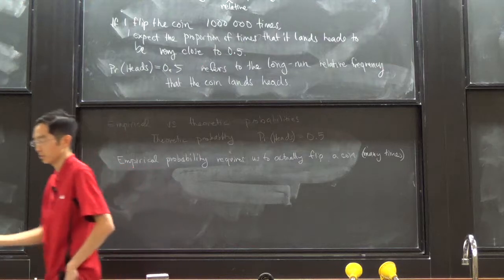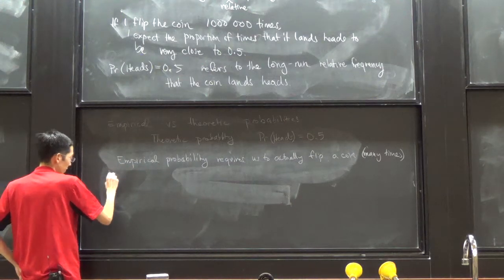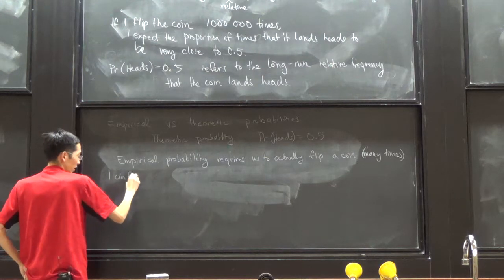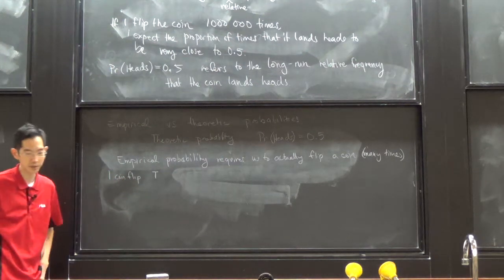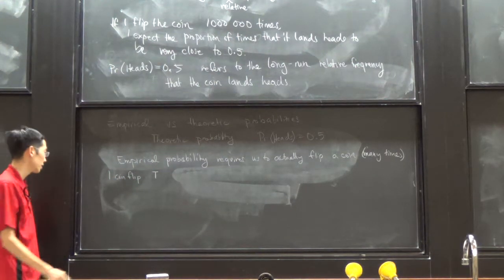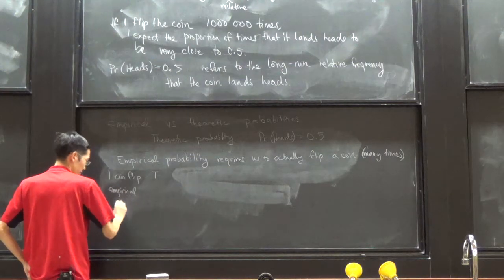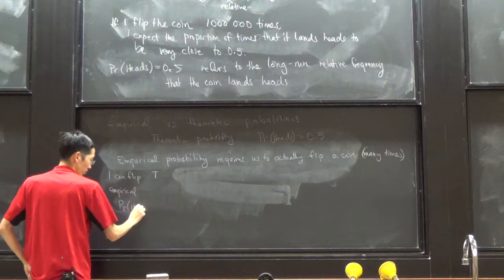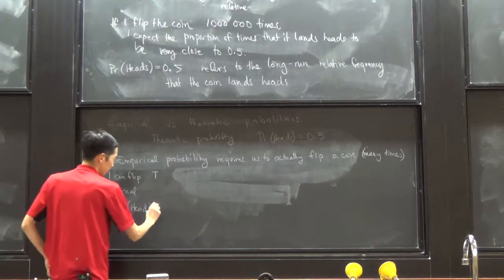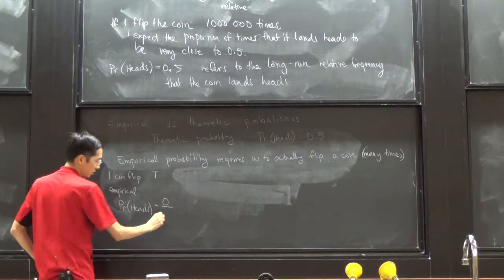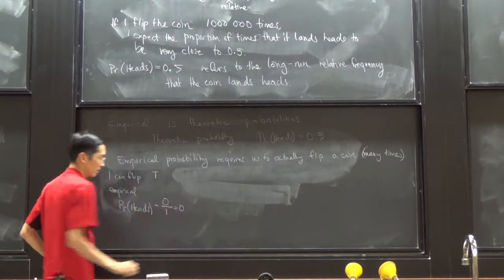Okay, so let's say I flip a coin once. After one coin flip, let's say the coin lands tails. So my empirical probability of heads so far is, I've observed 0 heads after one coin flip, so my empirical probability is 0.